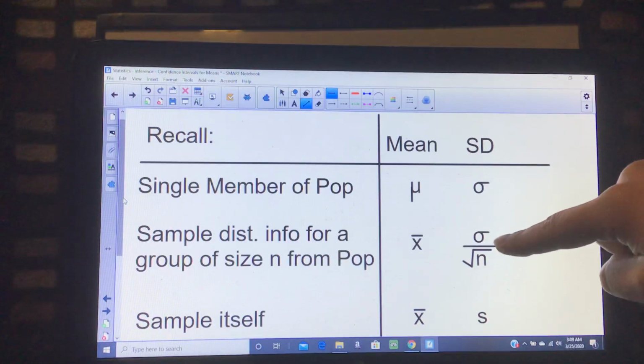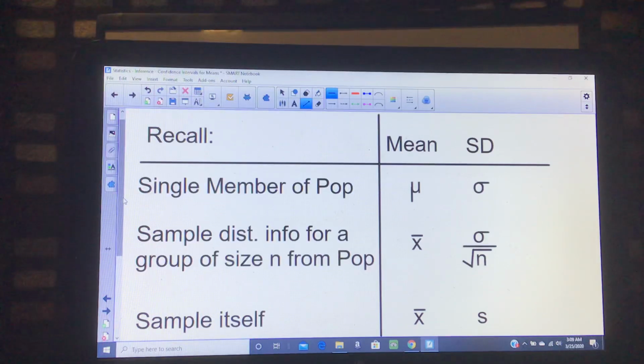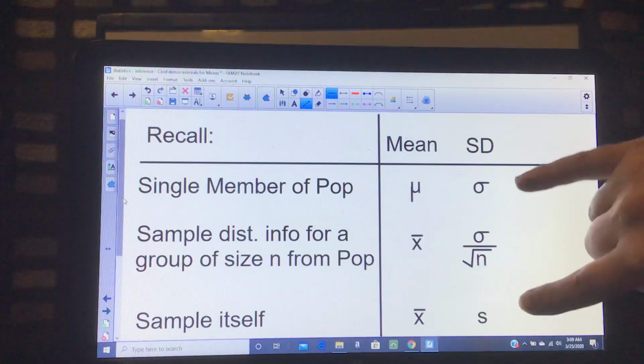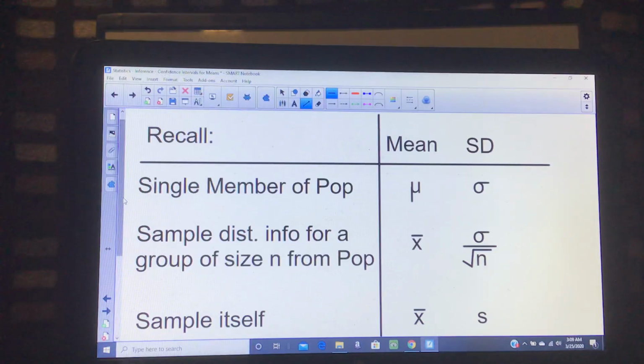Now, the sample itself has its own standard deviation. The trouble we're going to run into is that this number and this number don't really have to have any connection. You can get a sample that has kind of any standard deviation.